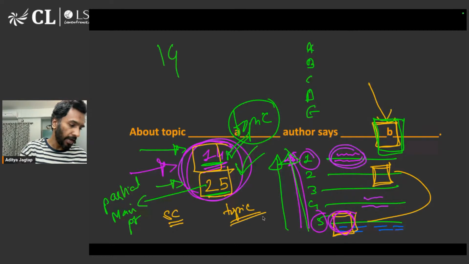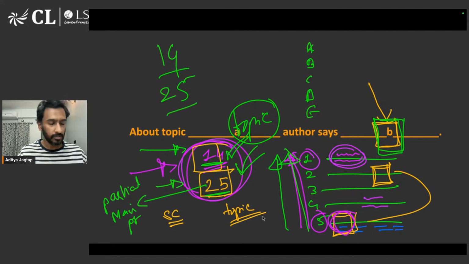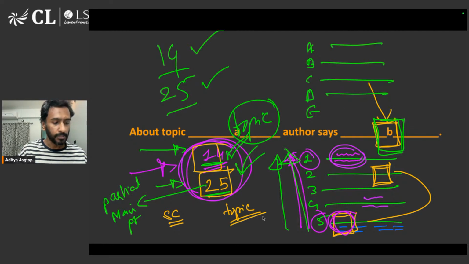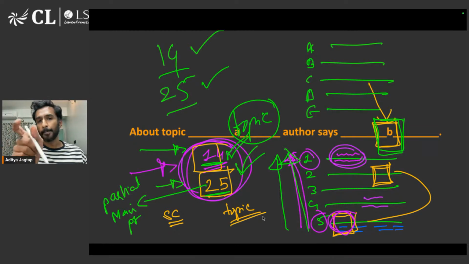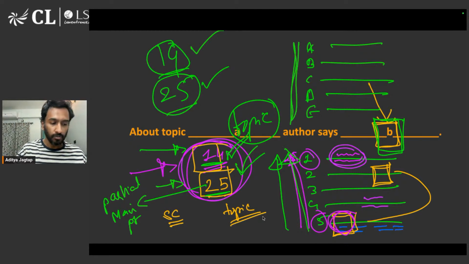I know that 1 4 has to be a sequence, and I know that 2 5 has to be a part of the sequence. So if I make these, then I can confidently start searching through options. And I don't really need to make the complete sequence, right? So this is why I say the XAT parajumble is slightly easier than the CAT parajumble, because we can have this part sequence and start looking through these.